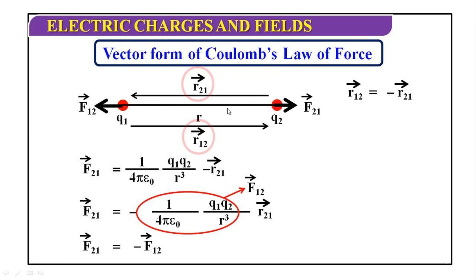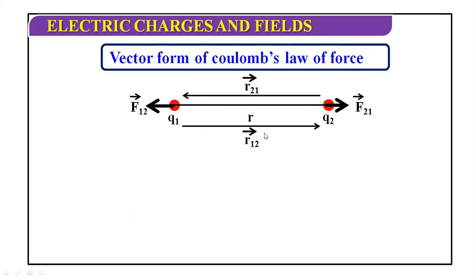And one more thing, if we take the magnitude of the forces, let me take it in my next slide. The magnitude of the forces is given simply without any vector. Now no vector will be used, simply the magnitude of F21 will be equal to F12. What does it mean? It means both the forces are equal.